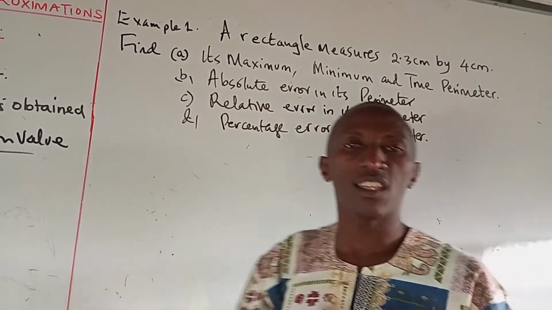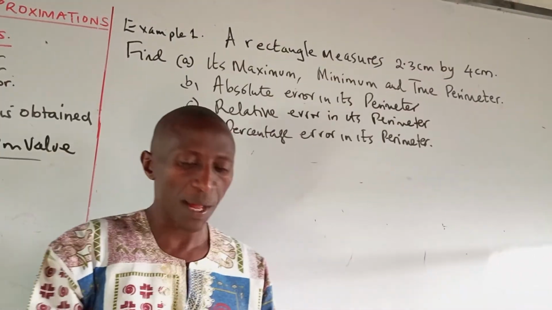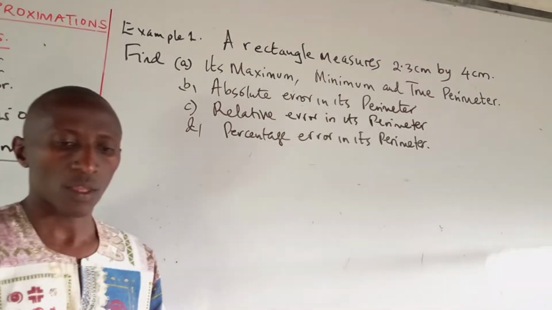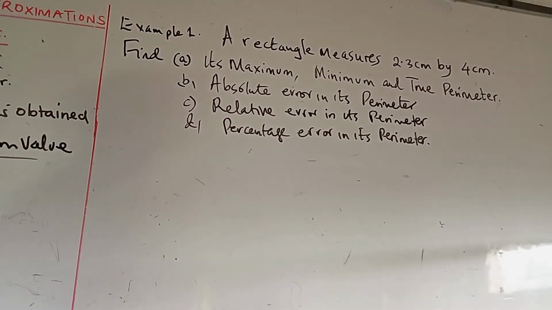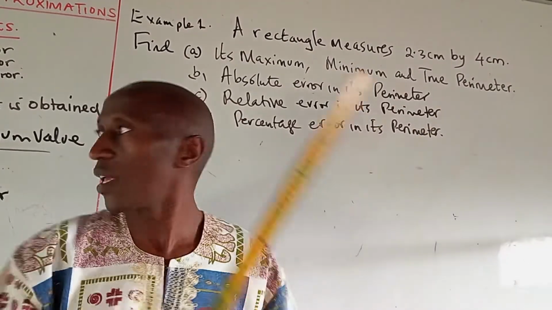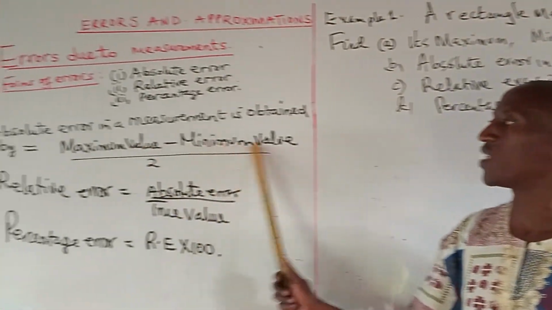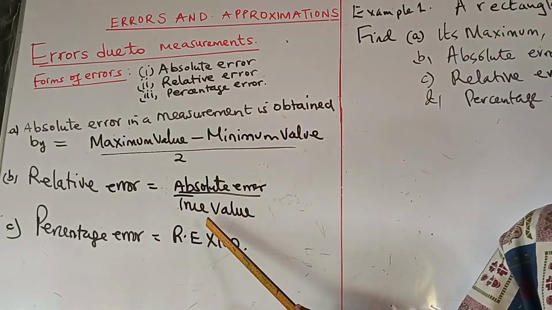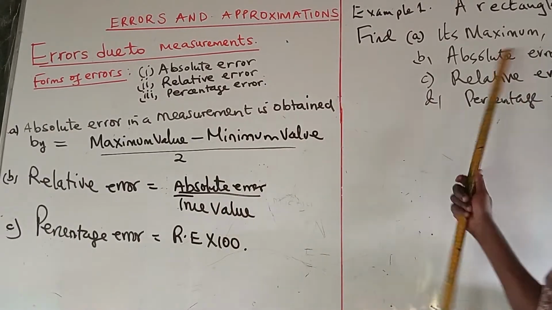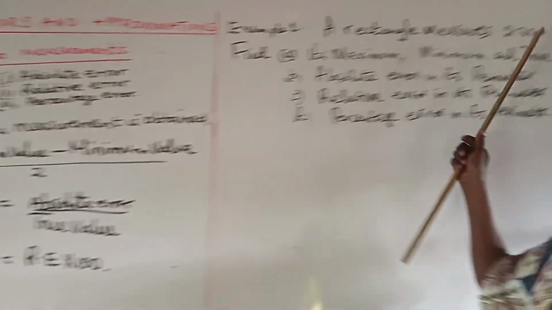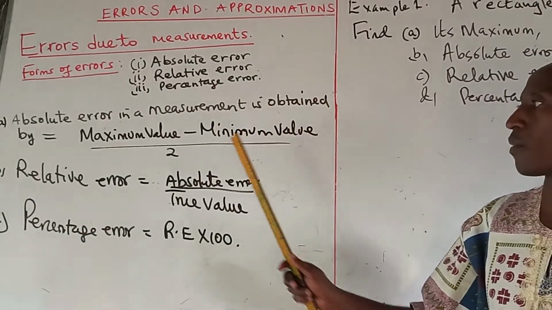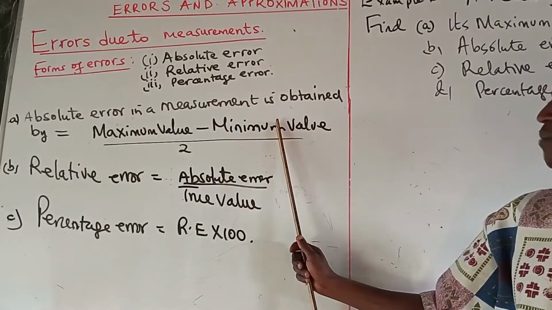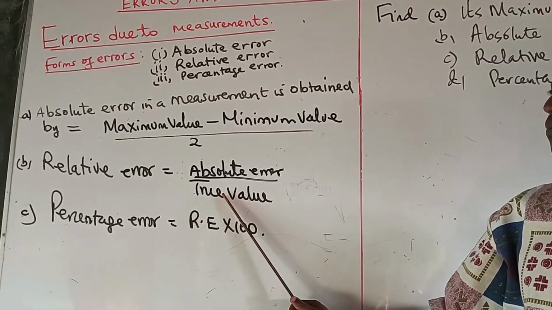So viewers, this is a very good question to help us digest on what we are actually referring to. We are referring to these scenarios here. And in part 1, the maximum, minimum, and true, we shall be able to generate the maximum, the minimum, and the true value.